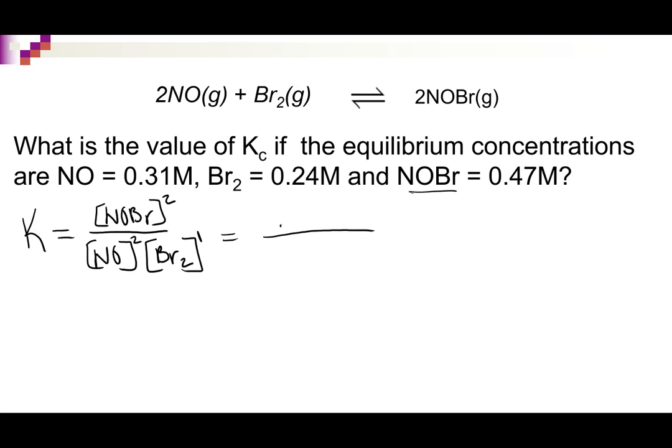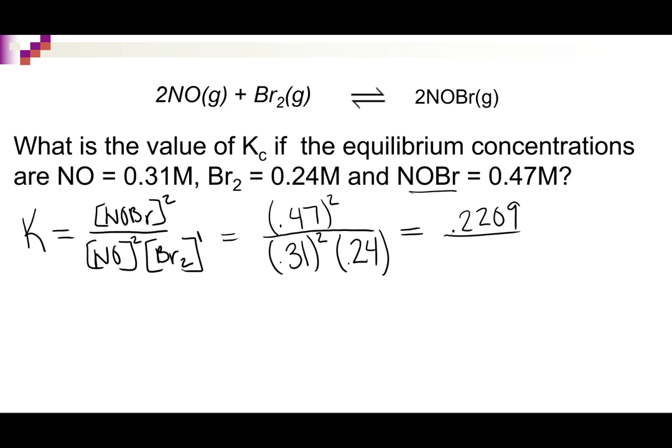Our product is 0.47, and we're going to square that. NO is 0.31, and we're going to square that. And Br2 is 0.24. Let's just clean this up a little bit. I've got 0.47 squared, and that's going to be 0.2209.